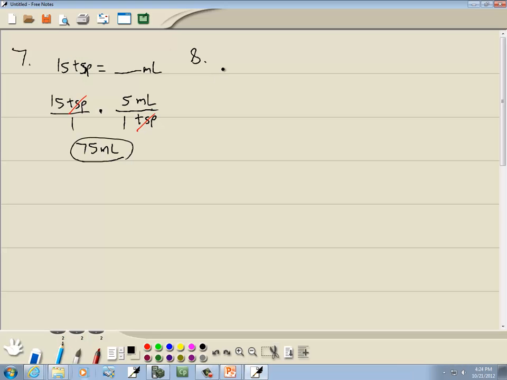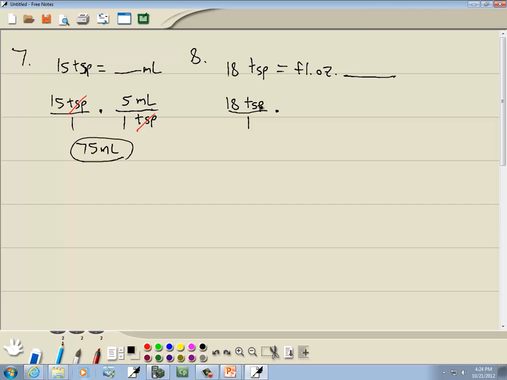Well, number 8. Got 18 teaspoons equals blank fluid ounces. And I'll abbreviate that a little bit. Probably not right, but we'll go with it. I'm definitely not an expert on these. I'm just mainly showing you dimensional analysis.